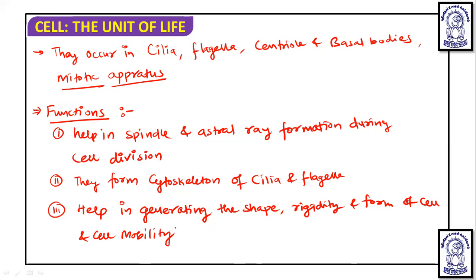This is all particularly maintained by this microtubule. Then the fourth function: microtubules help in anaphasic movement of chromosomes. So during anaphase, the movement of chromosomes which occurs is due to the microtubule.